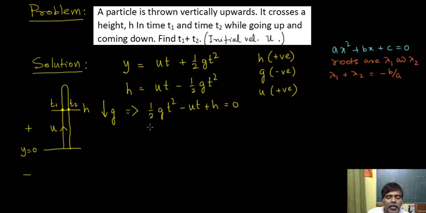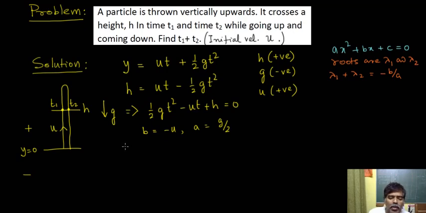So here b is equal to minus u, and you must do it fast, you shouldn't do this in detail. And a is g over 2.